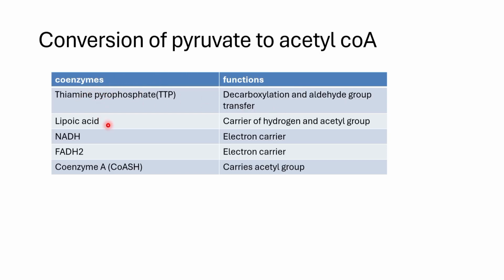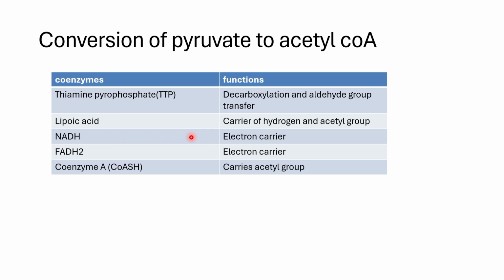We also have lipoic acid. Its function is to carry hydrogen and then the acetyl group. We also have nicotinamide adenine dinucleotide, which is NADH. They transfer electrons, so this is a reducing equivalent.